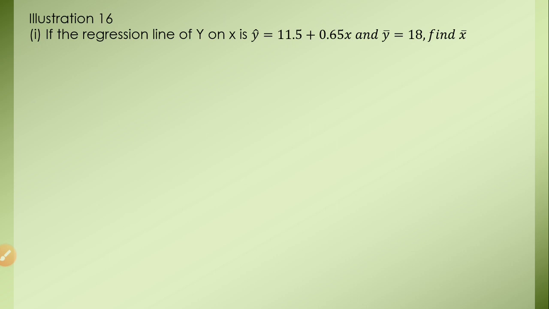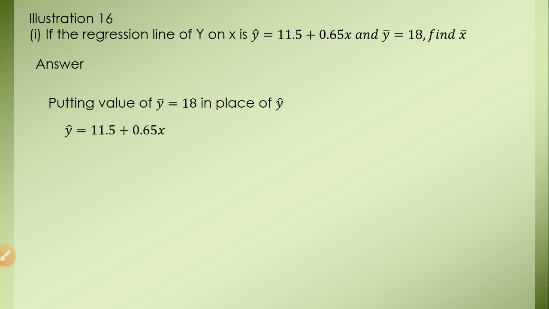So the question is interchanged. In the previous sum, x bar was given and you had to find y bar. In this sum, y bar is given and you have to find x bar. It's quite simple. As I told you, in the line we will assume that y cap is y bar and x is x bar. So let's start. We'll put the value of y bar in place of y cap. How does it look? Y cap is equal to 11.5 plus 0.65 into x.